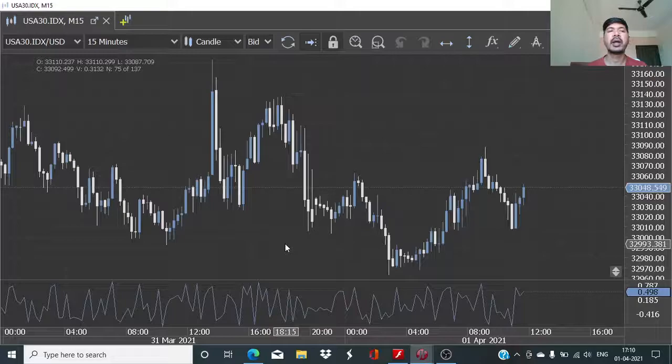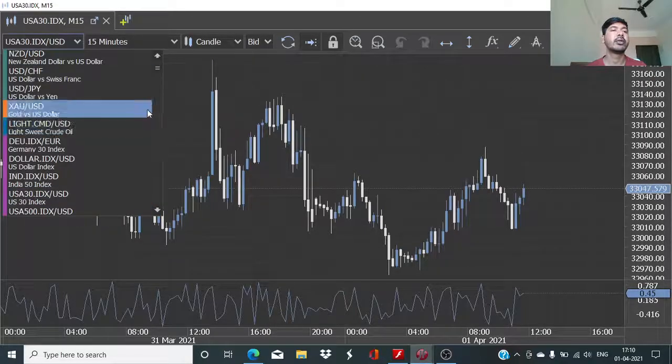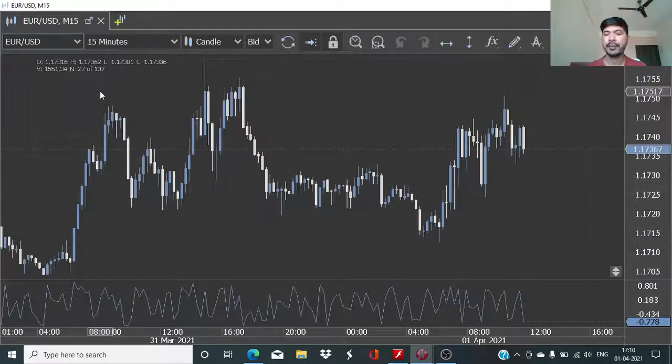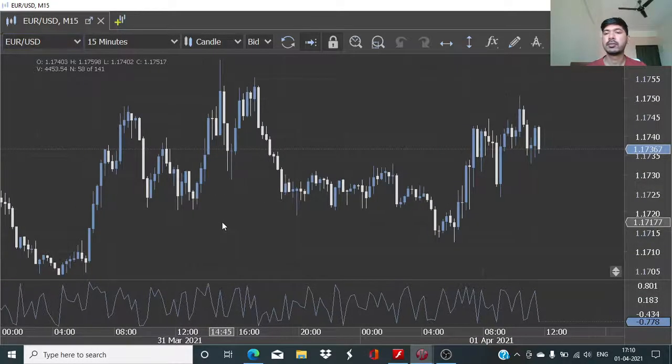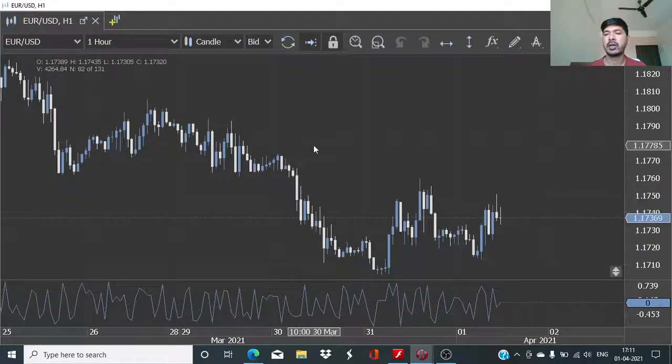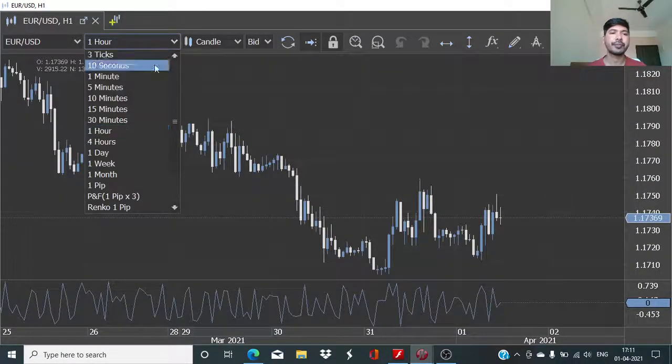Now we go to the chart, and here I will change it to Euro USD. This is the hourly time frame.